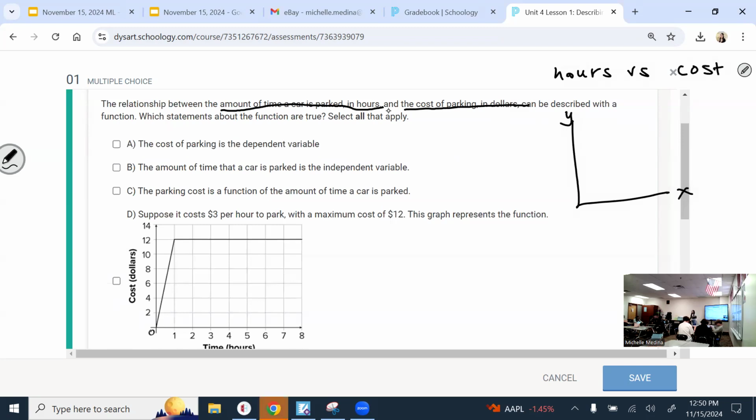What is more independent? What can you never really change? Time. So hours will go on the x, and the cost in dollars will go on the y. And in that case, is the cost of parking the dependent variable?